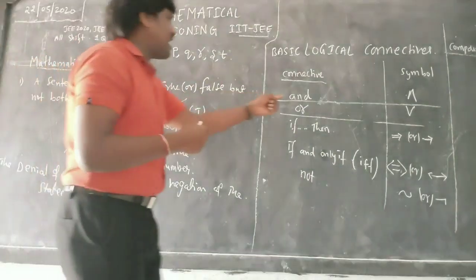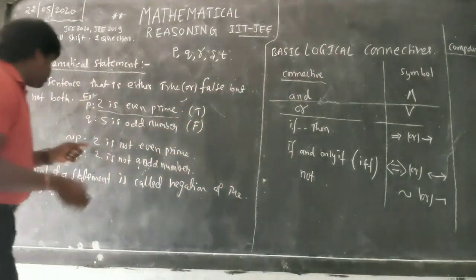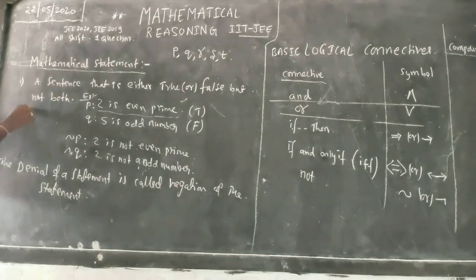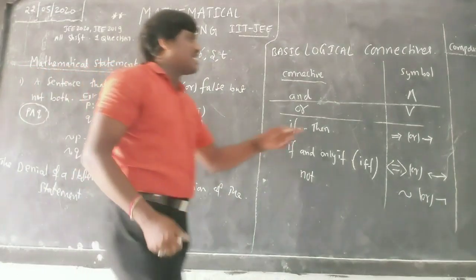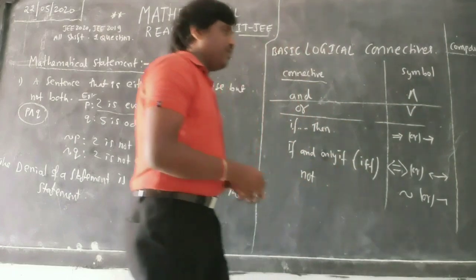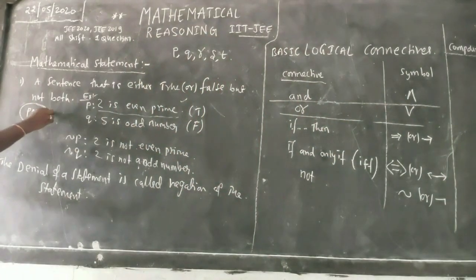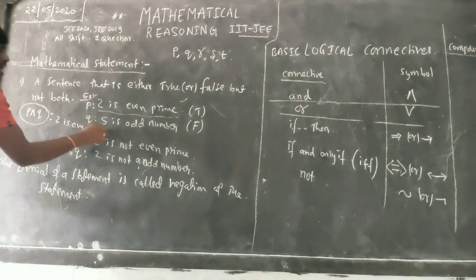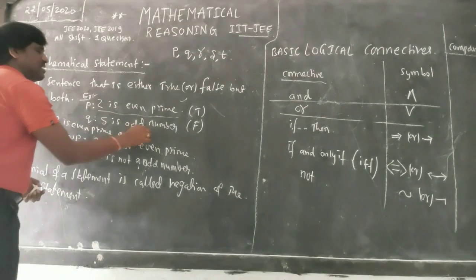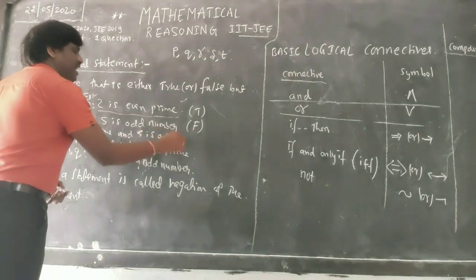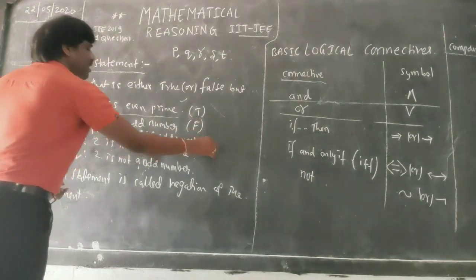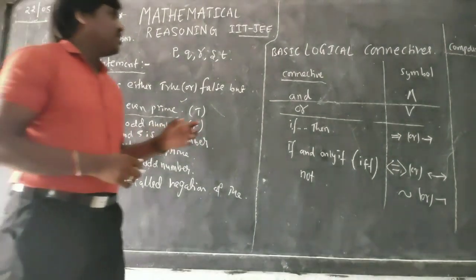If I connect them with this connection, I write P and Q. That is, I am connecting with this symbol P and Q. P and Q says that 2 is an even prime and 5 is an odd number. That's the connection of these statements.